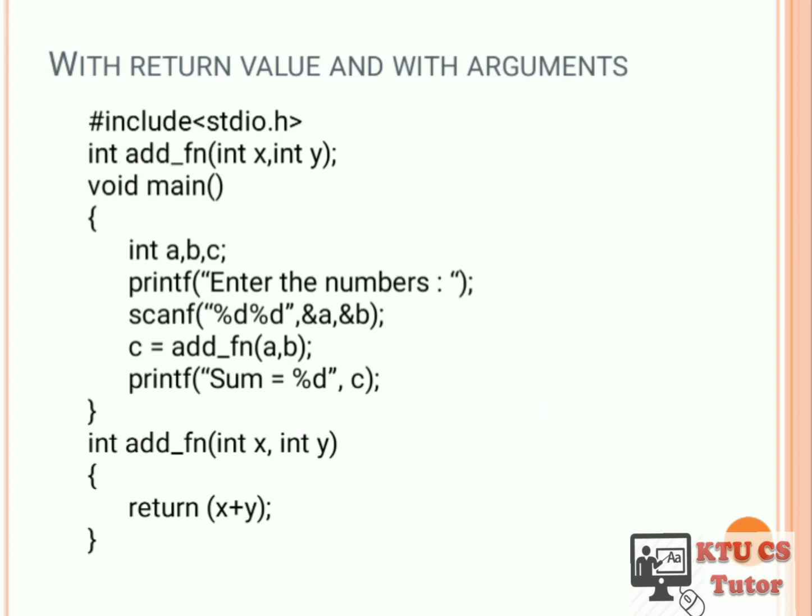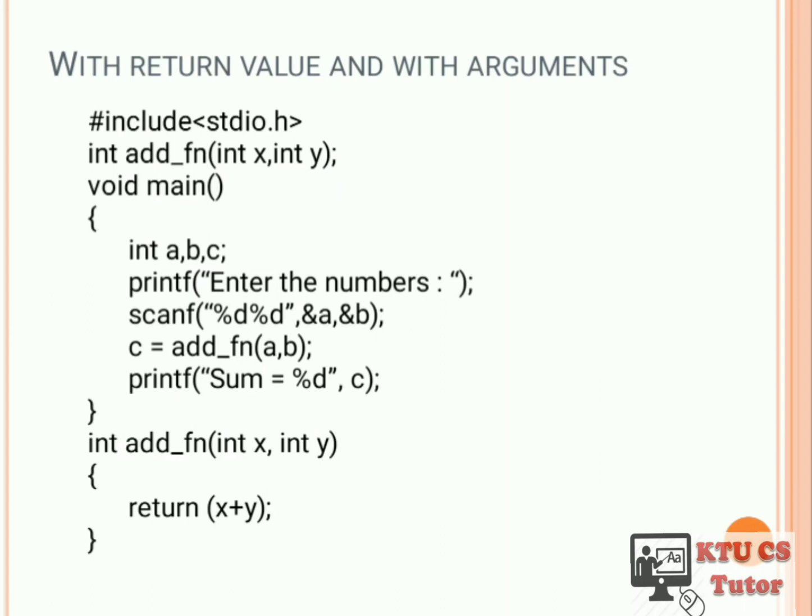Then the fourth method is with return value and with arguments. So here we are having a return value, so the return type is integer, and inside the function we need to give two arguments. So we'll be passing two values, int x comma int y.